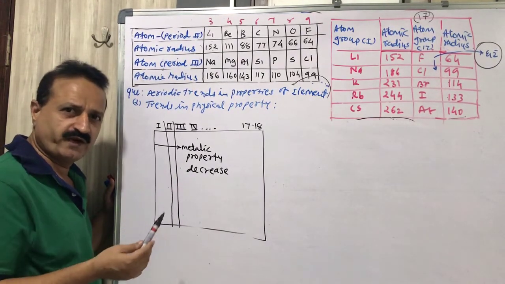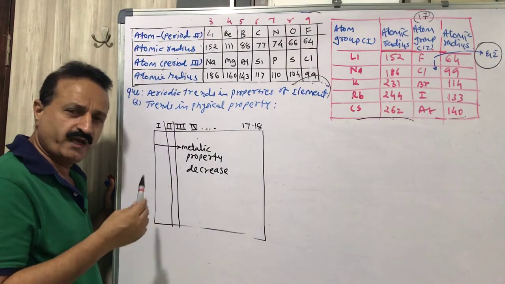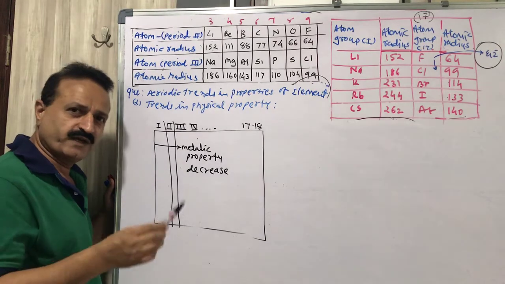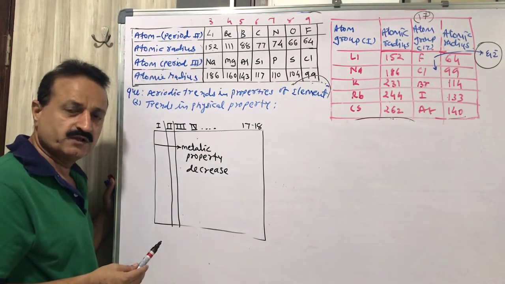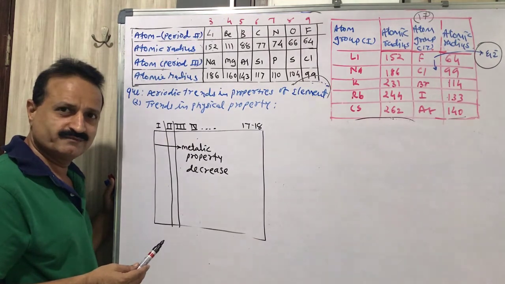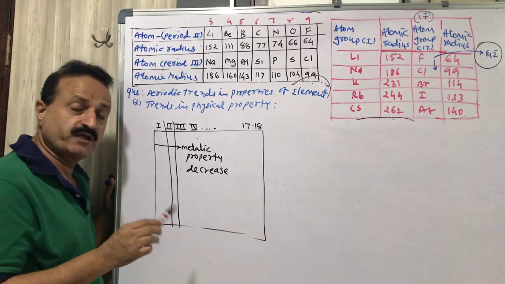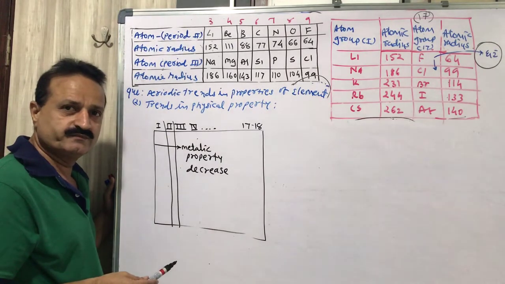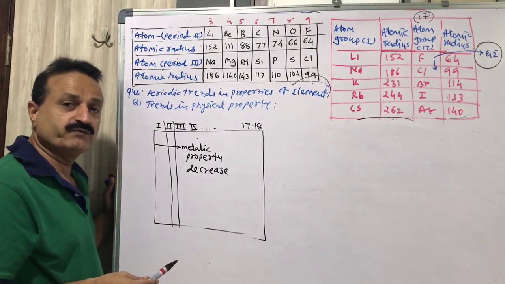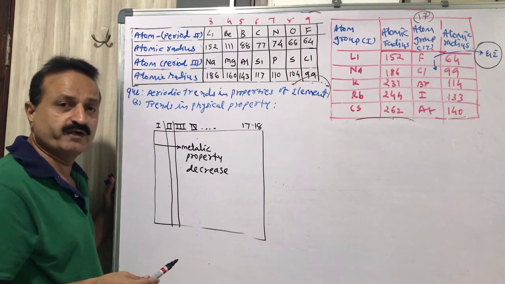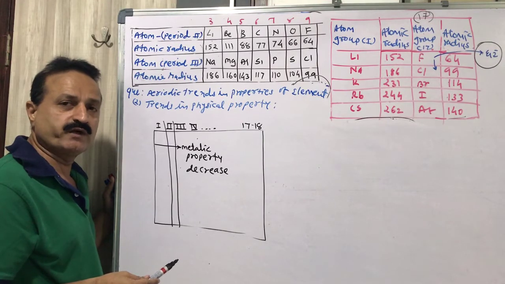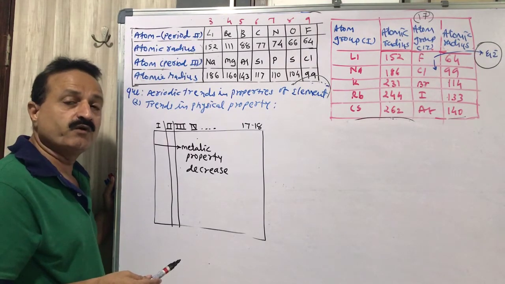We have classified group 1 and 2 as S block element, then 13 to 18 as P block element, then 3 to 12 as D block element, and then F block element is separated in the periodic table, that is lanthanoid series and actinoid series.